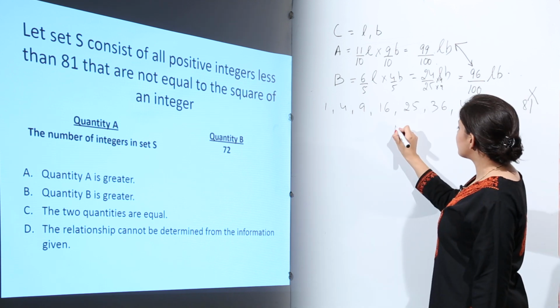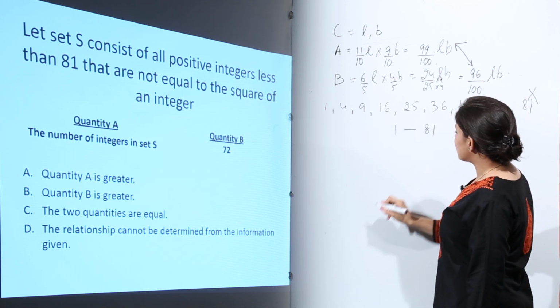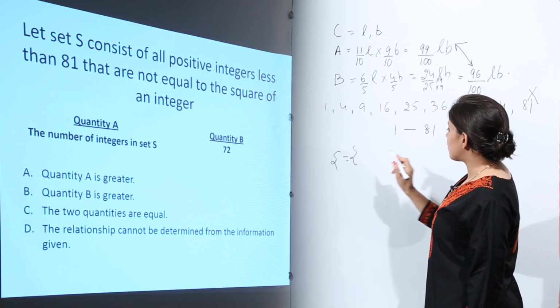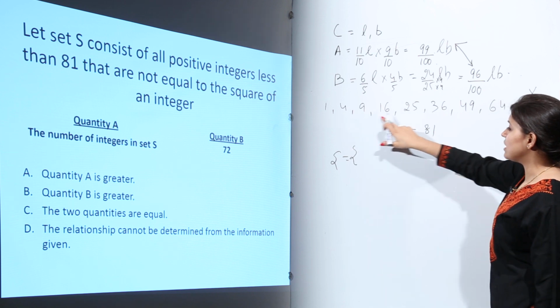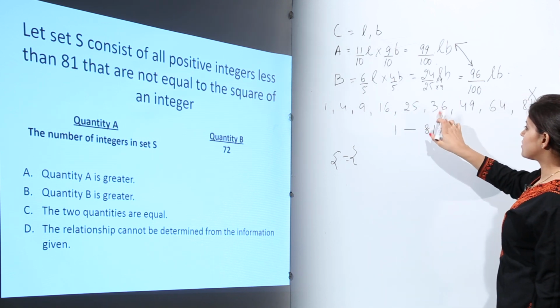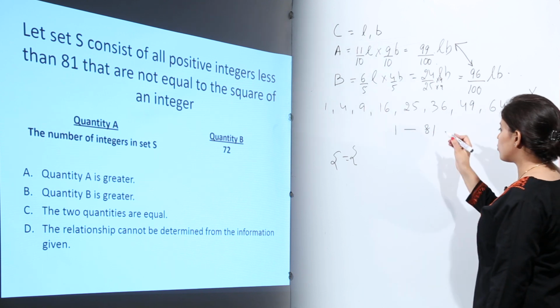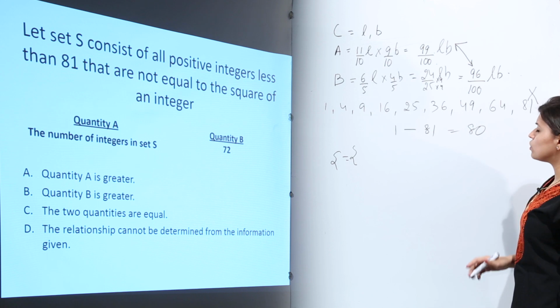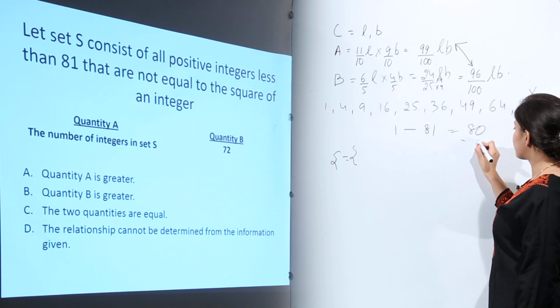That means the list will be from 1 to 80. So we can say that set S contains the numbers 1 to 80 except these numbers. You can count these numbers: 1, 2, 3, 4, 5, 6, 7, 8. So out of this set 1 to 80 we have 80 numbers. Out of this we will not have these 8 numbers.